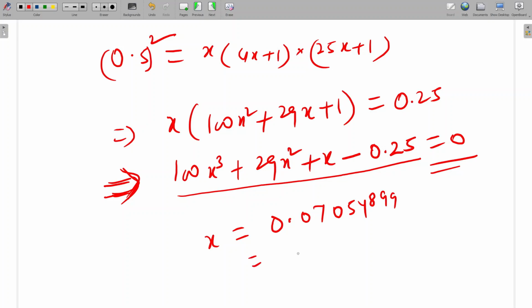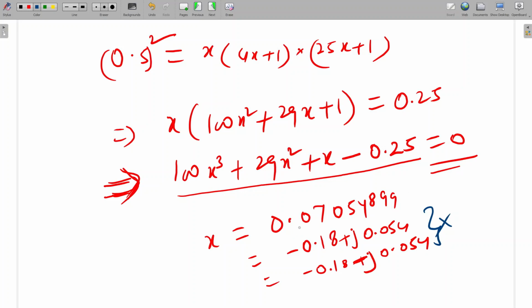The second root is minus 0.18 plus j 0.054, and the third is minus 0.18 minus j 0.054. So these two will be invalid solutions, and this is the valid solution.